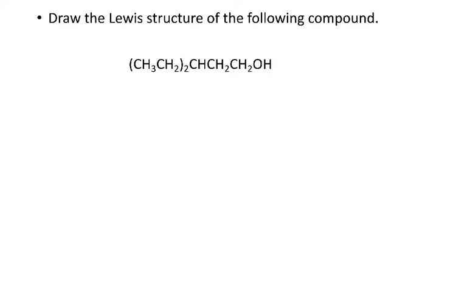So I'll have CH, CH2, CH2, and there's an OH attached to that guy in the end. And then to this carbon, I've also got these 2 CH2, CH3 groups. So I can do 1.